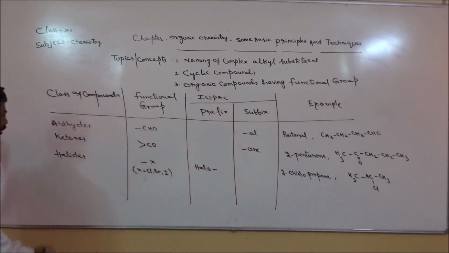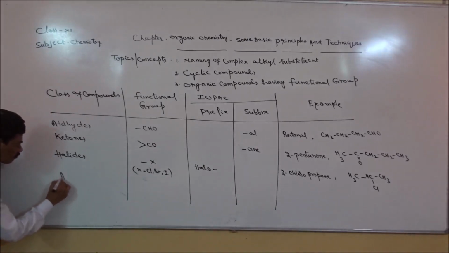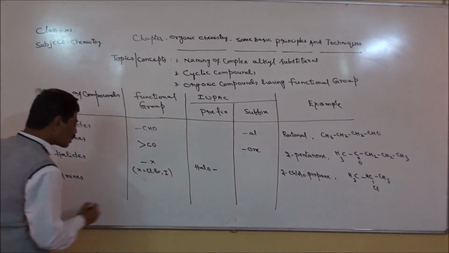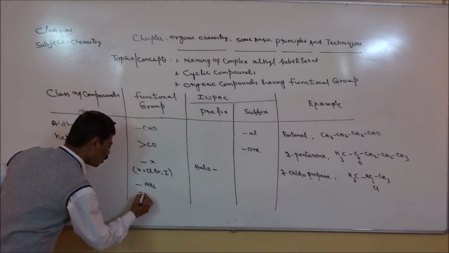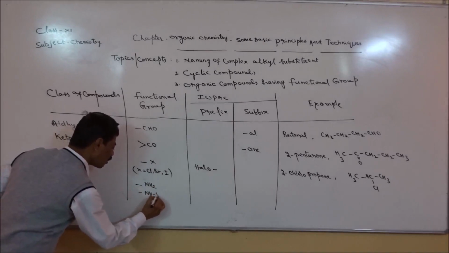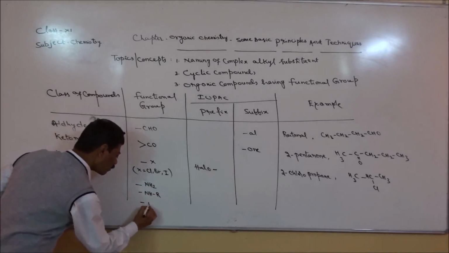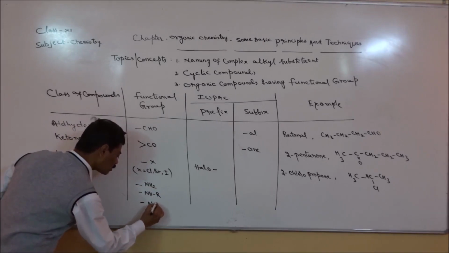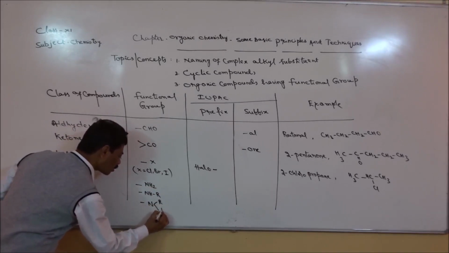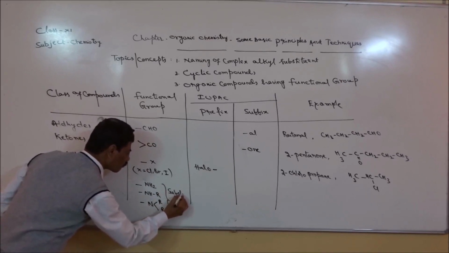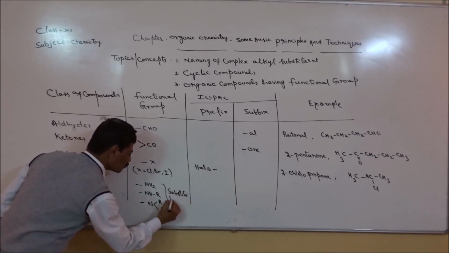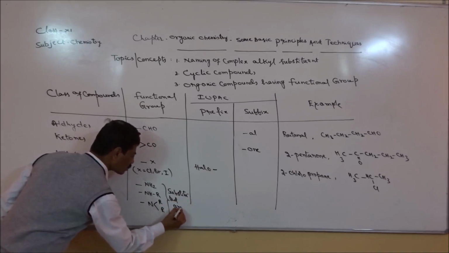The next class of compounds is amines. The functional group of amine can be NH2 or NH or N, or R. These are called substituted amines.